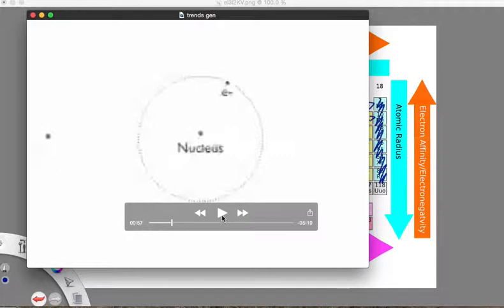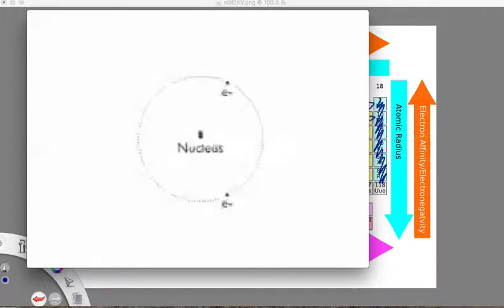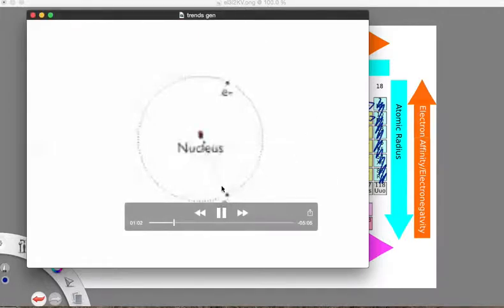Now, let's go to the next element, which would be helium, where it has 2 protons and 2 electrons. In this case, these electrons are going to feel more of a pull. They're going to feel 2 positive charge because they're all in the same energy shell. So they're going to be more attracted to this nucleus. With the effective nuclear charge, you can calculate the attraction.